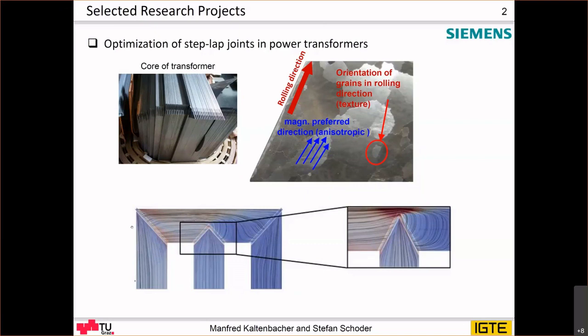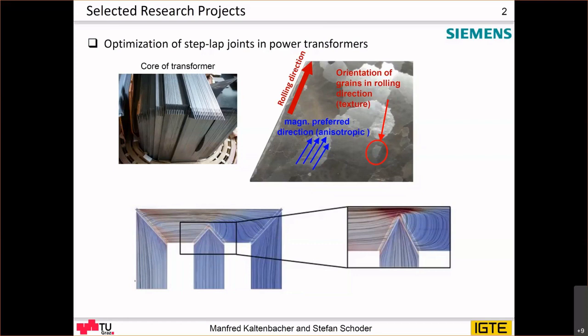This is a L joint. You have overlaps here between the individual steel sheets. You call the special overlaps step-lap joints. And in these step-laps, the magnetic field, for example, coming from this sheet, has to go over some small air gap and into the next steel sheet.